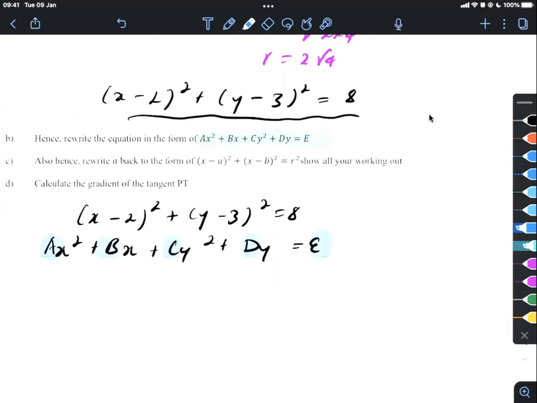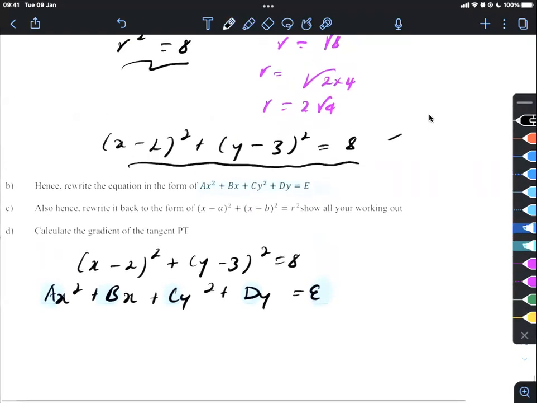Now the a is the coefficient of the quadratic x, and the b is the coefficient of the linear x, and the c is the coefficient of the quadratic y, and the d is the coefficient of the linear y, and e is just a constant. So now remember, when we have an equation like this, mostly it's coming from an equation that looks like that.